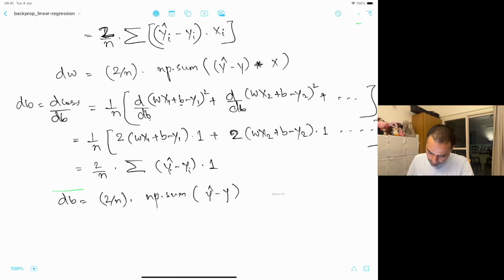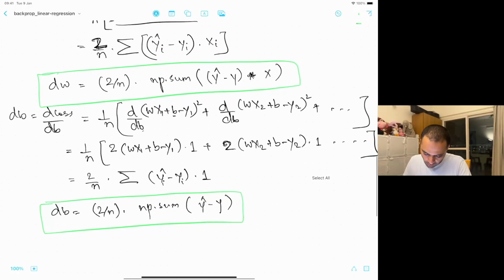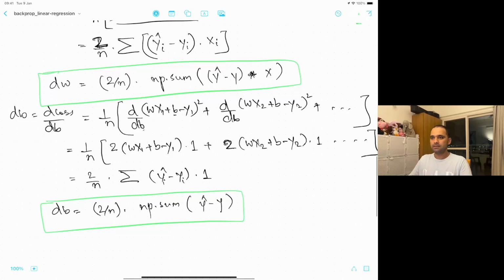Alright, so this would be the programmatic way of calculating gradients for backprop, for loss with respect to weights and biases.